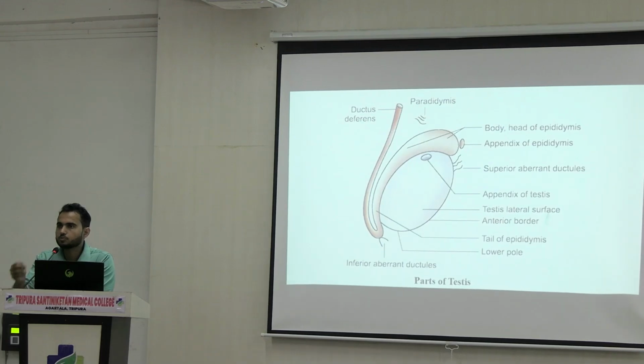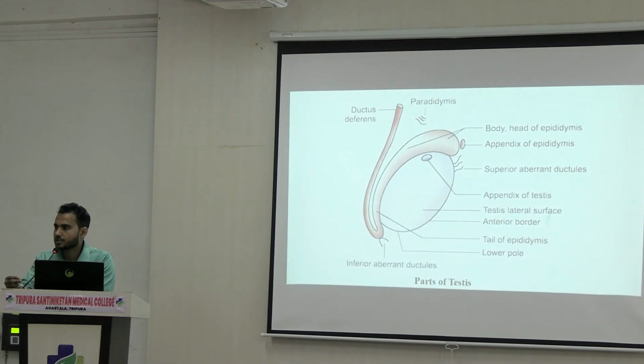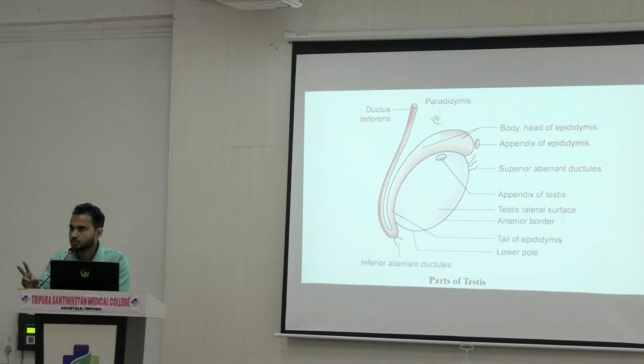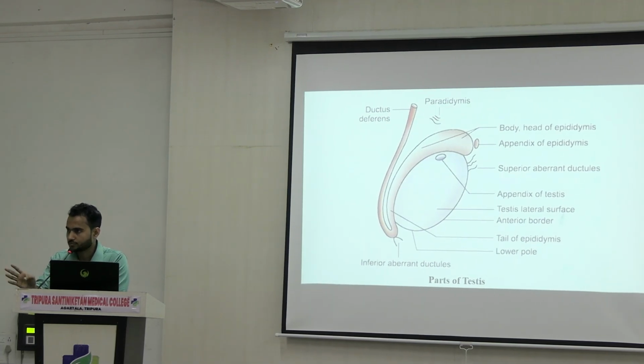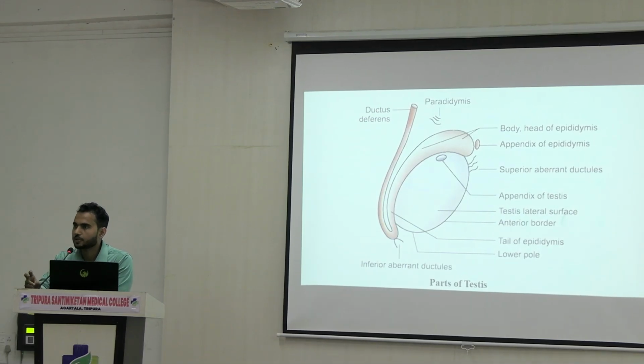Then two borders are there, anterior border, posterior border, and two surfaces are there, medial surface and lateral surface. So everything related to the testis are two. Use all those methods in order to understand it properly. It will be easy for you to understand.